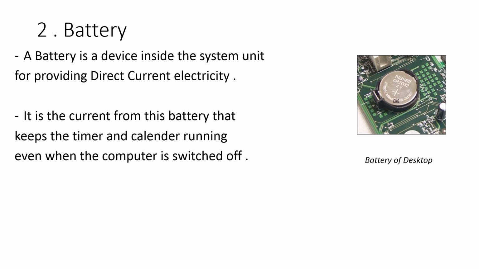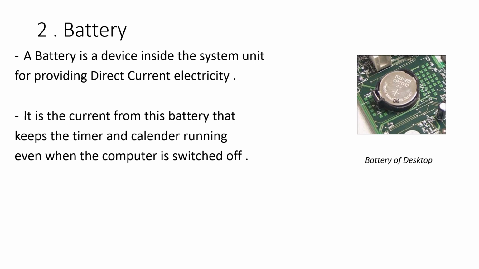No, you will not notice the same timing. Suppose your current timing is 2:35 p.m. Then after switching it on after 2 or 3 hours, the timing will not still show 2:35 p.m. It will show you the current timing, right?